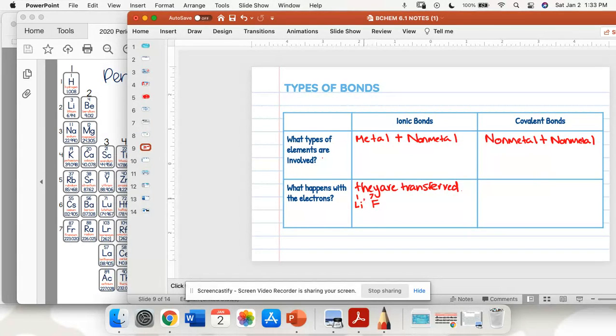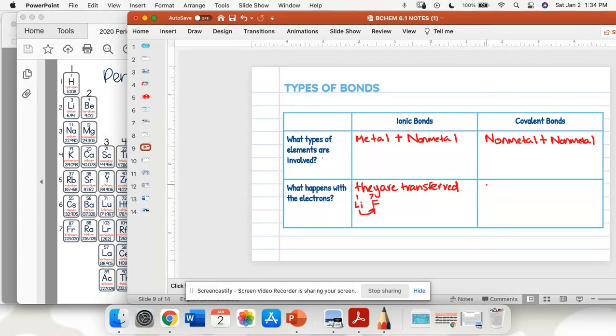Fluorine has 7 valence electrons, and all the bonding that goes on happens with the valence electrons. So lithium is going to give up its 1 valence electron and give it to fluorine, so that way it has 8. Lithium wants to give up its 1 valence electron, so that way it can become like helium. So lithium is going to give up its electron to fluorine, and that's what creates that bond. Fluorine's constant pull on that 1 valence electron from lithium.